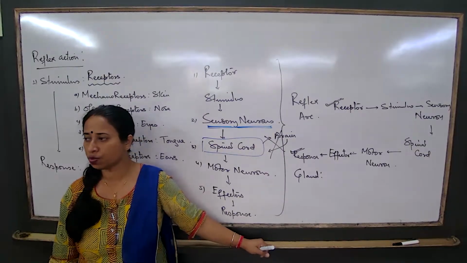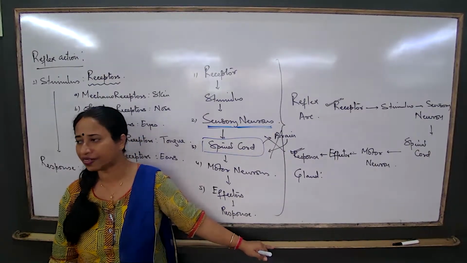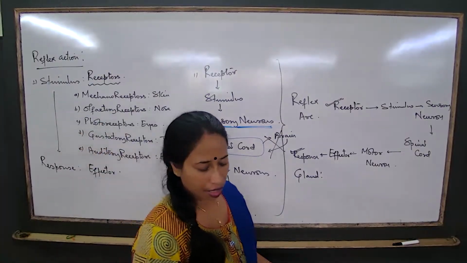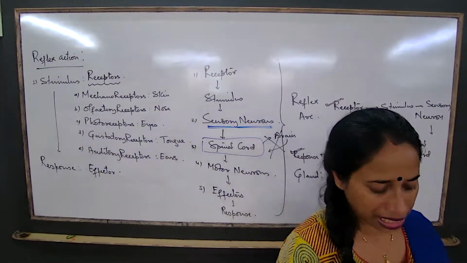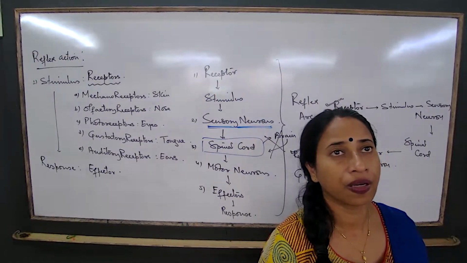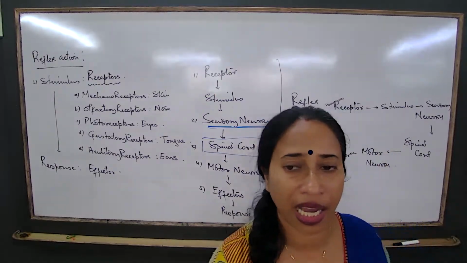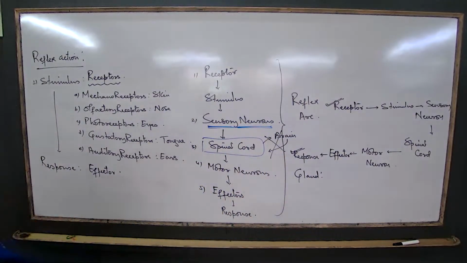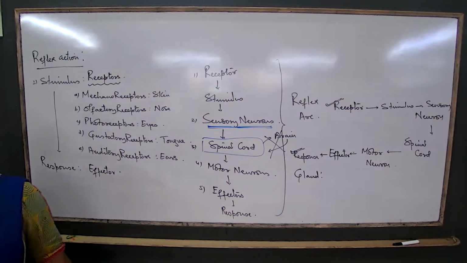Glands secrete chemical substances, and muscles contract and show movement. Muscles contract and show movement. Clear, right? So for the concept of reflex action, these words you should be clear with.